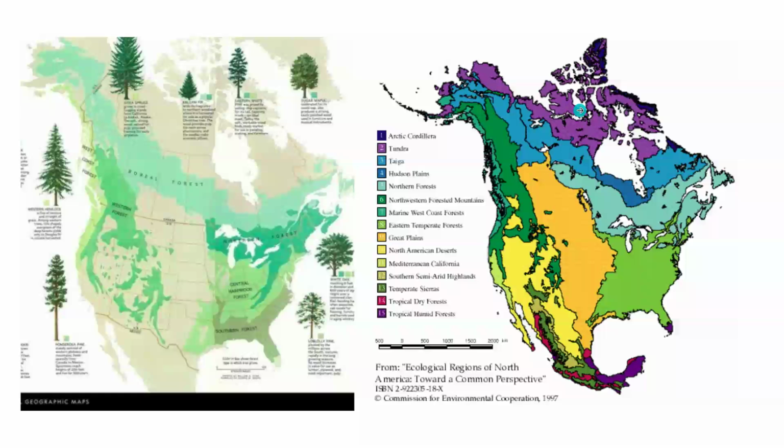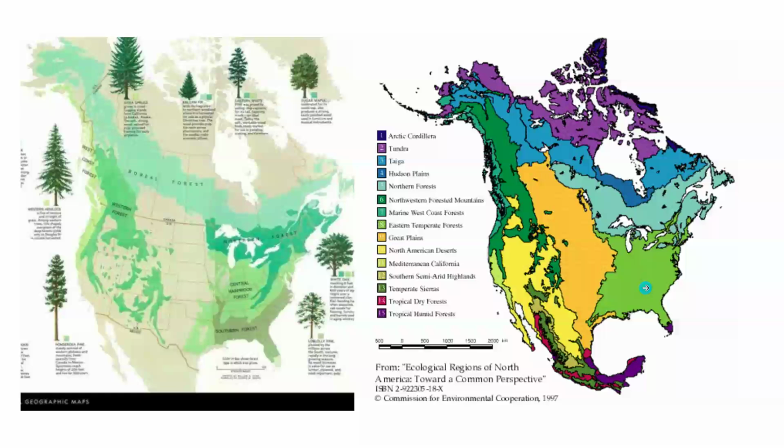So, North American desert. Here you will find the North American desert. Great plains, light color plains. Plains also exist in these particular states. Northwestern forested mountains you will find here. Temperate sierras.